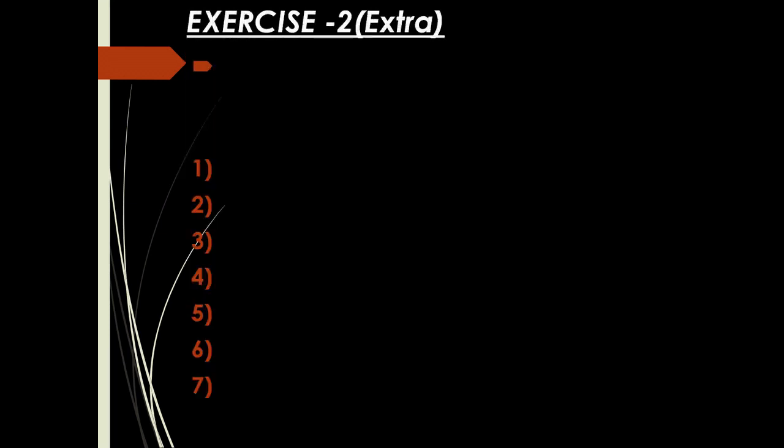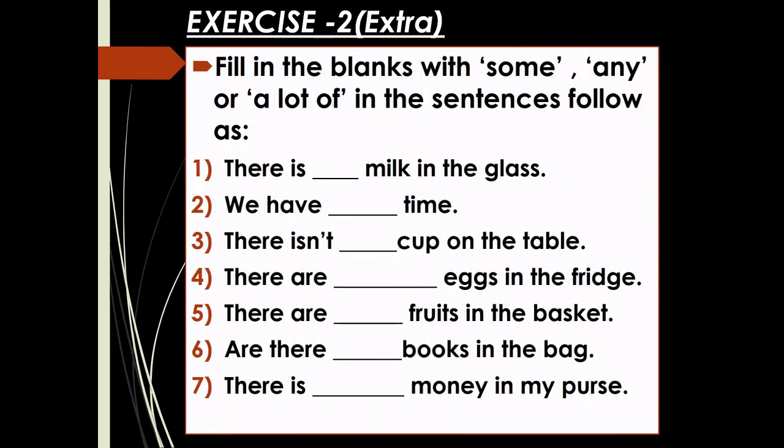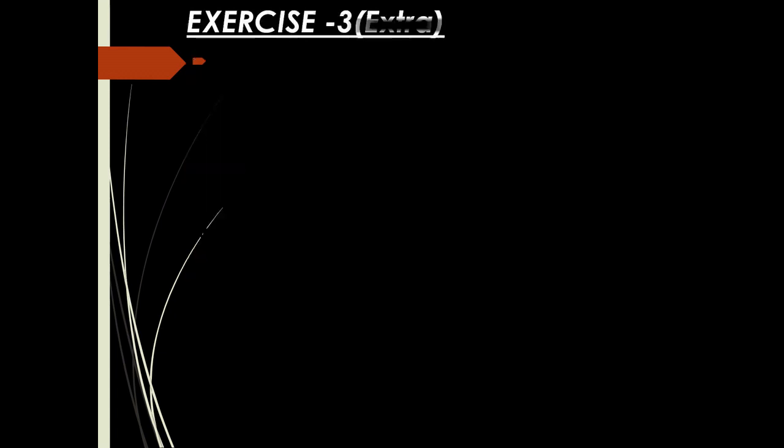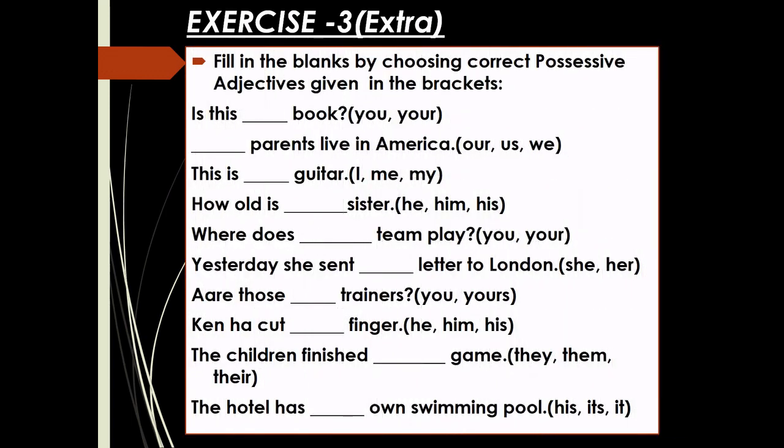Exercise number 2 is fill in the blanks with some, any, or a lot of in the following sentences. Exercise number 3 is fill in the blanks by choosing the correct possessive adjectives given in the brackets.